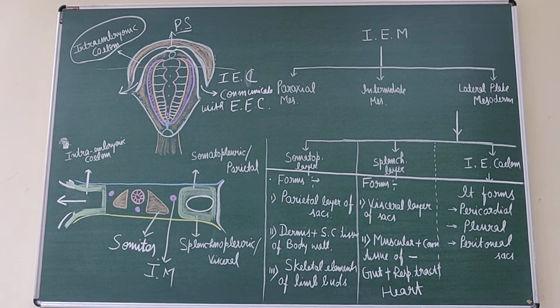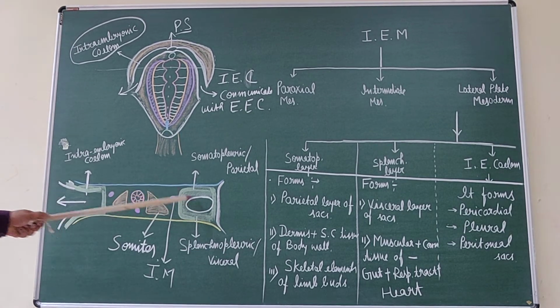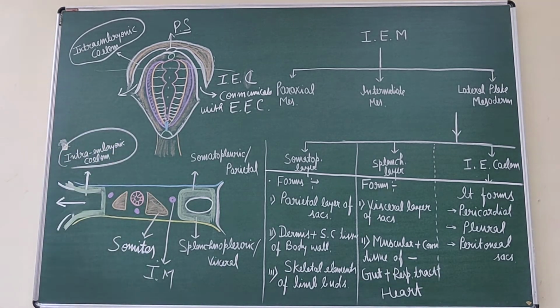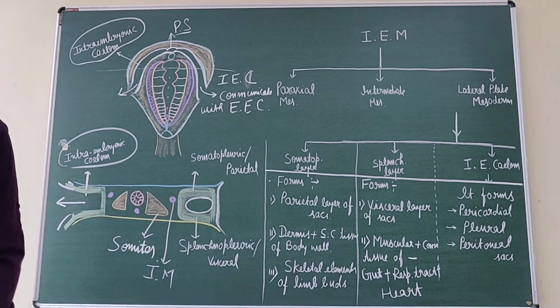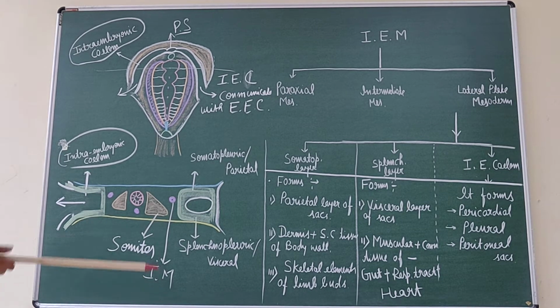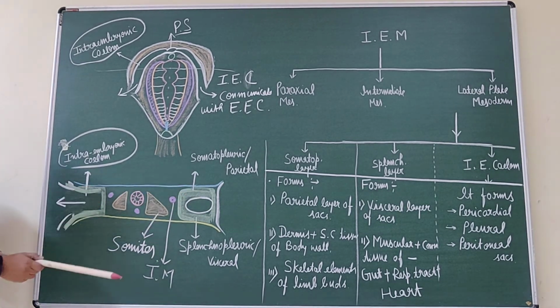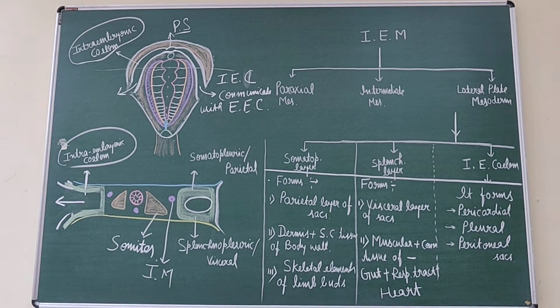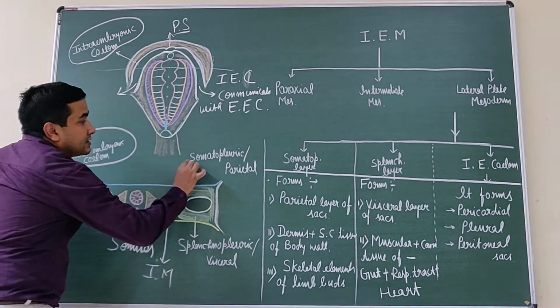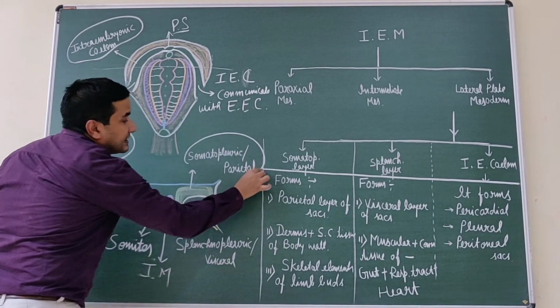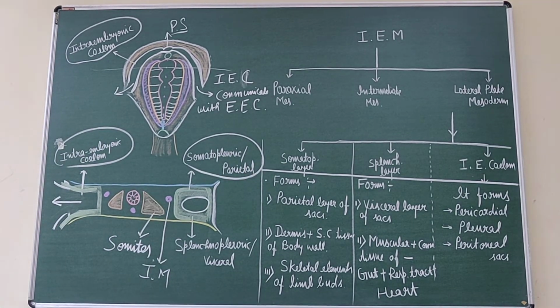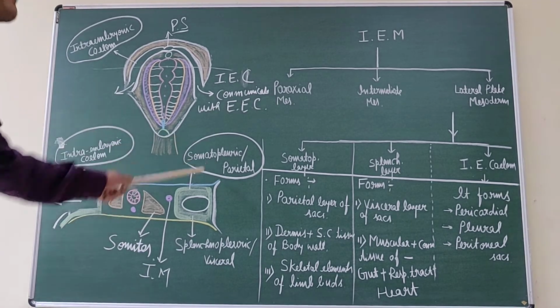Now, with the formation of the intraembryonic coelom in the lateral plate mesoderm, it is divided into two parts, an upper part and a lower part. The upper part is known as the somatopleuric layer of intraembryonic mesoderm.